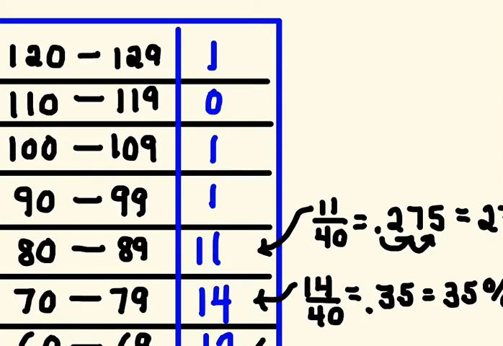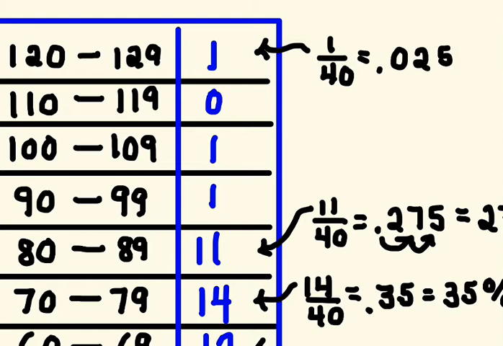Now the last classes have a much smaller percentage. As a matter of fact, let's jump right up to the last class, class 7, because that's sort of recurring, right? Class 7 is 1 out of 40. And the decimal value of 1 divided by 40 is 0.025.